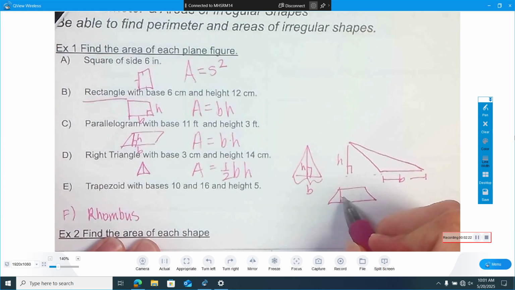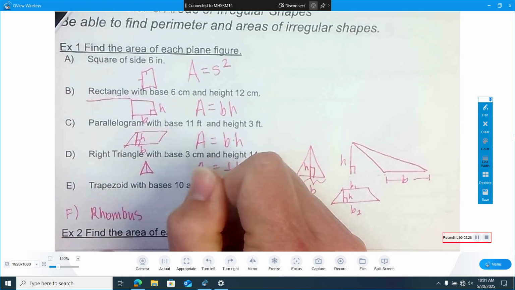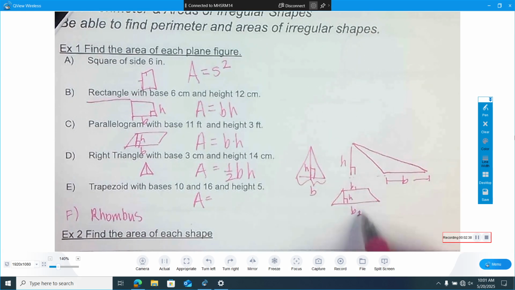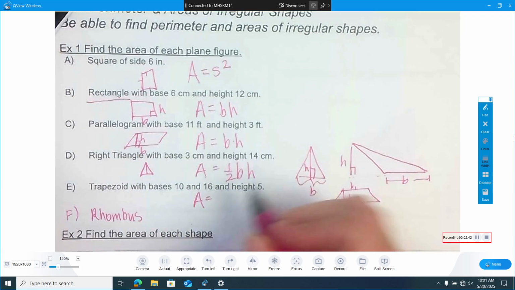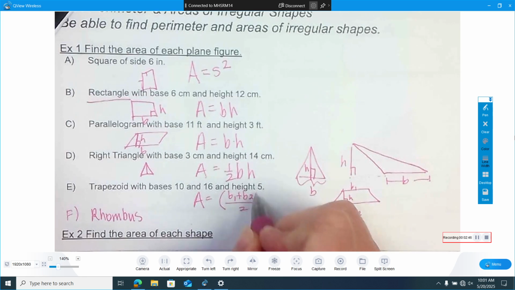Area of a trapezoid. Trapezoids have a perpendicular height, but they have a base 1 and a base 2. What we have to do is take the average of the bases: base 1 plus base 2 over 2.